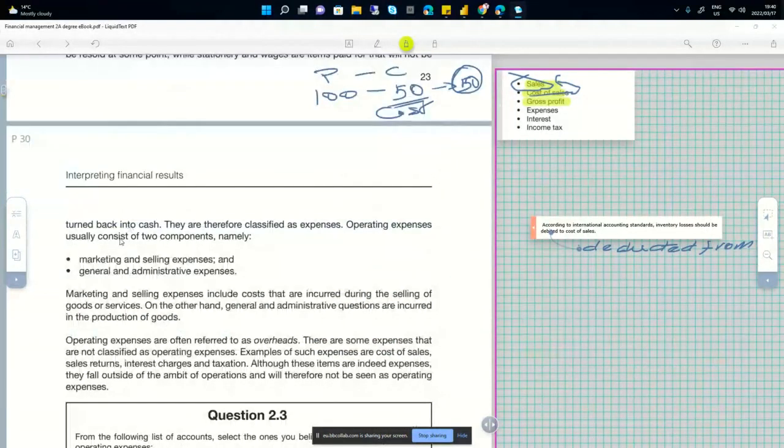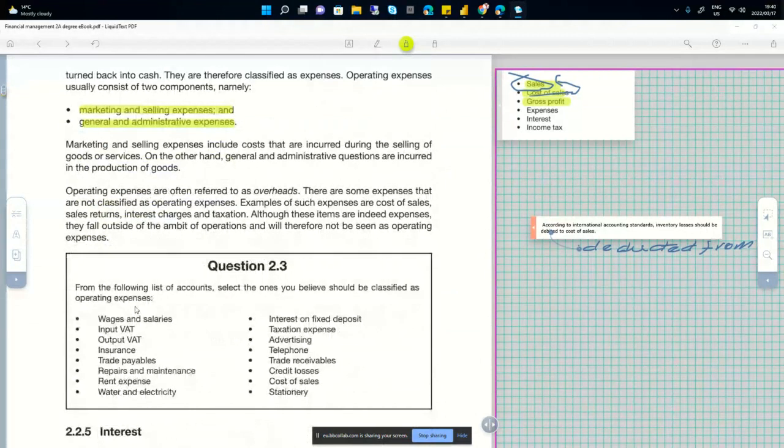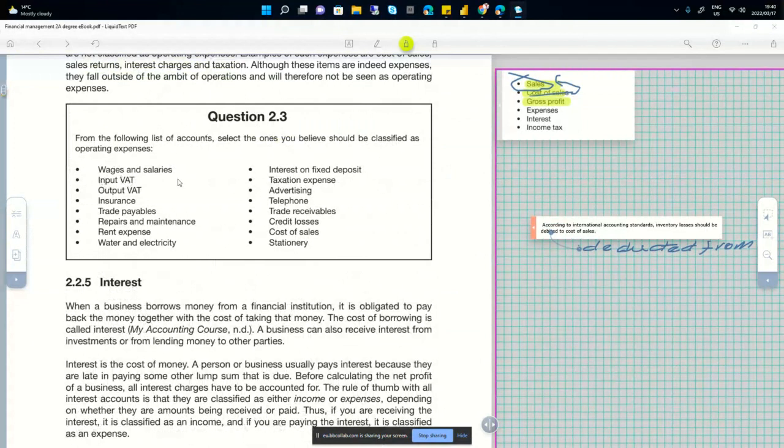And when we're looking at operating expenses, we're looking at marketing and selling expenses, and then we have general and administrative expenses. All right. Another word for operating expenses is overhead. So when you're looking, for instance, at wages and salary, that's an expense.